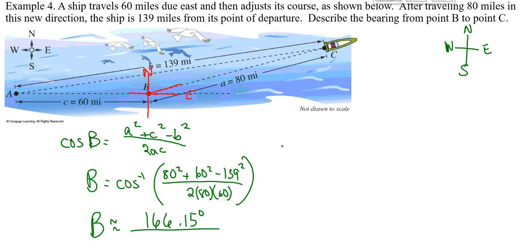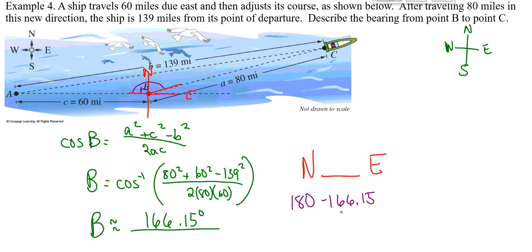So we're going north something and then east. We also want to think about the fact that there's a 90-degree angle here, and this whole angle right there is 166.15.